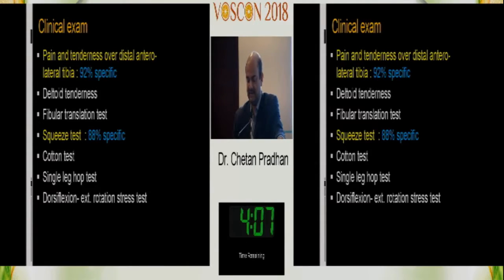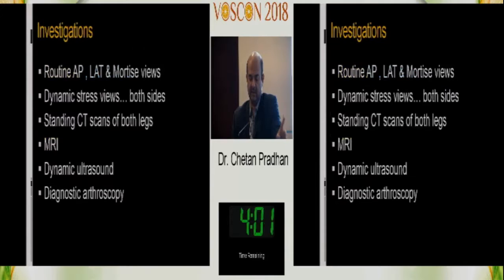So all these are clinical tests which are given in any clinical textbook, which should prompt you towards appropriate radiological investigations, and most of the routine X-rays would not show anything, but the most important investigation in all this would be the MRI, which will clearly show the disruption of the ligament.